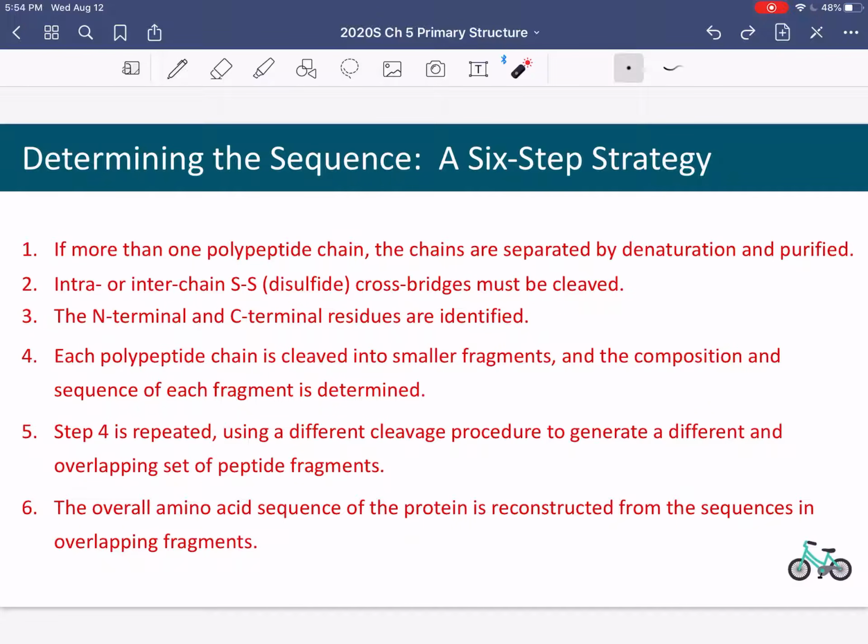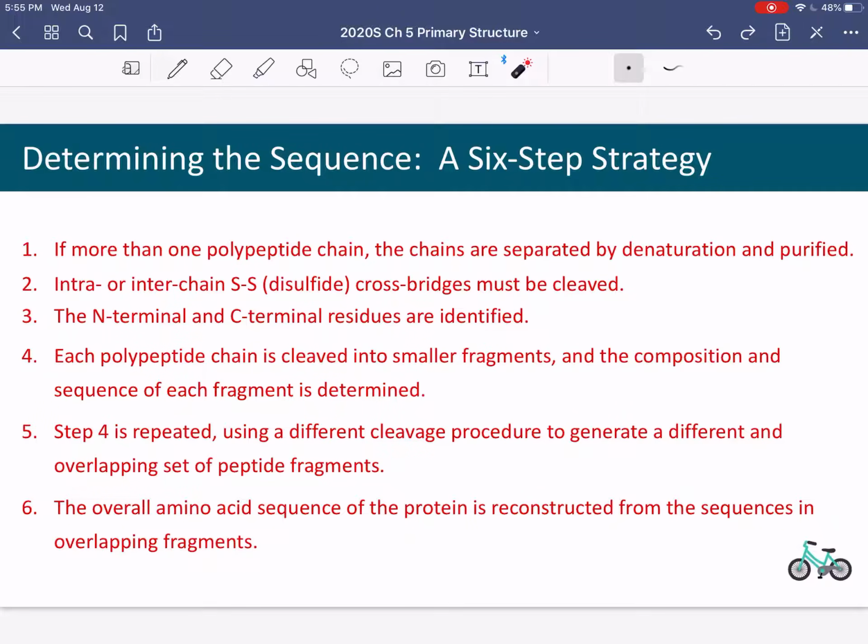Okay, so now you have a sample of chain A, let's say, of insulin, and it's of course got hundreds of thousands of insulin molecules in it, and you want to identify the N-terminus and the C-terminus next. That's step 3. And those tools, N-terminal and C-terminal identification, use enzymatic reagents for C-terminus and the chemical reagent, the Edman reagent for the N-terminus.